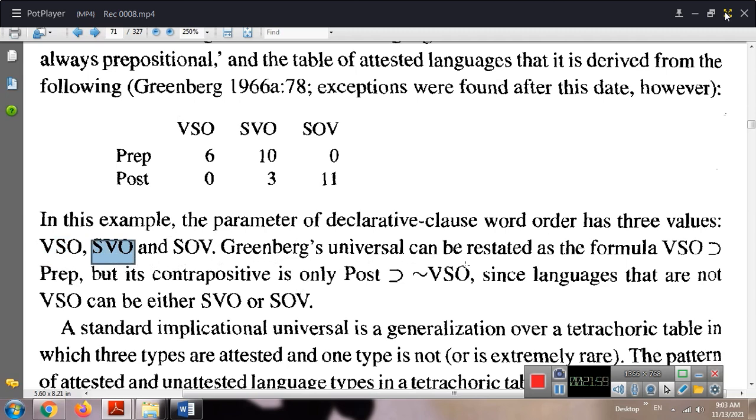Greenberg's universal can be restated as the formula: if verb, subject, object, then it is preposition. But its contrapositive is: if postposition, then it is not verb, subject, object. Since languages that are not verb, subject, object can be either SVO, subject, verb, object, or SOV, subject, object, verb.